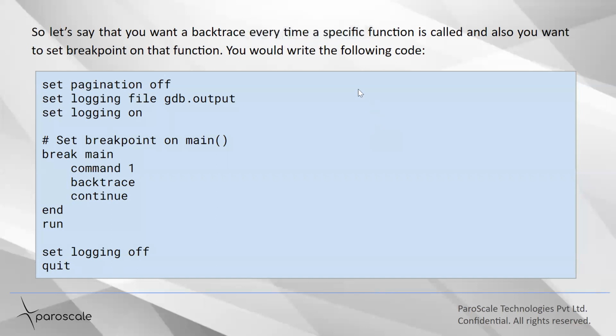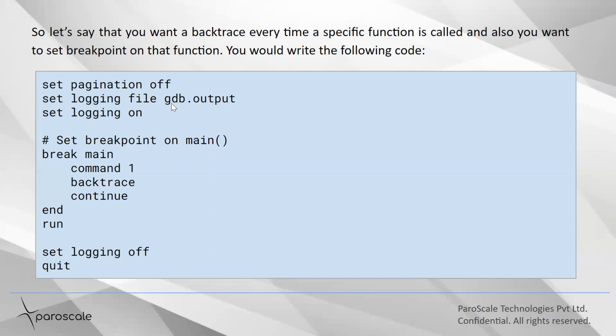Then I declare that I want to log all the output to the GDB file. As we saw, the GDB output file is getting created because I'm logging all the output to this file. For that, I'm using set logging file, and gdb.output is my file name.